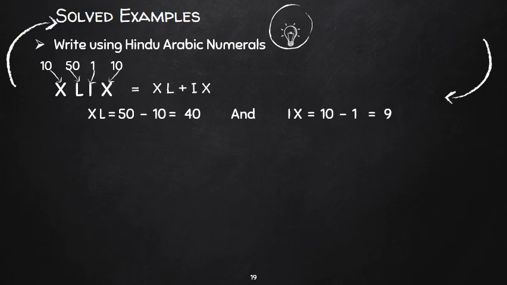In IX, I is the smaller Roman numeral and X is the bigger Roman numeral. Since I is written to the left side of the bigger Roman numeral X, we will subtract the value of I from the value of X. So it will be 10 minus 1, which is equal to 9. So XLIX is equal to 40 plus 9, which is equal to 49.